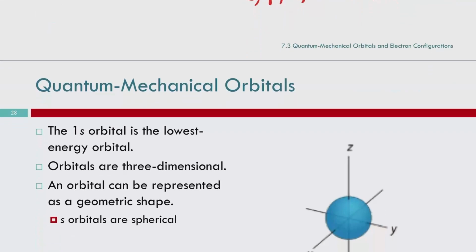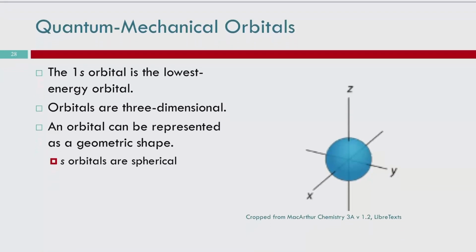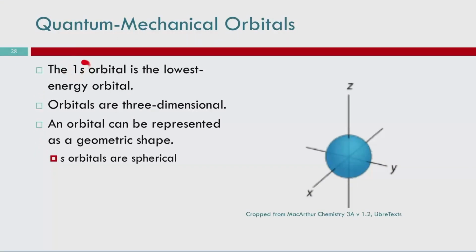Let's look at our lowest energy combination. So the 1s orbital is our lowest energy orbital. 1 is the lowest principal quantum number, the lowest n. S is the first letter, the first shape letter.